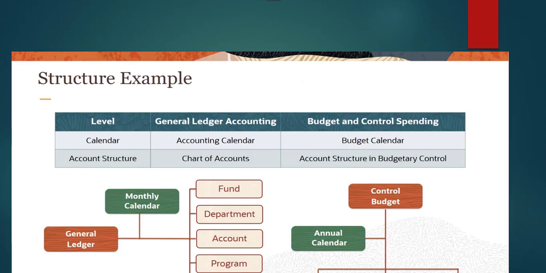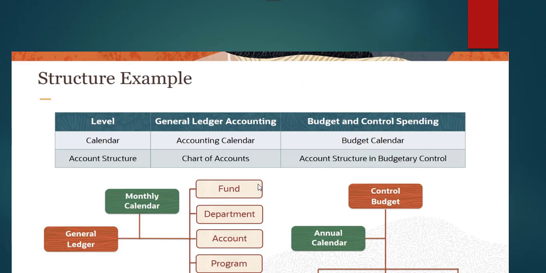For example, the ledger in your general ledger may be based on a monthly calendar and a chart of accounts that has 5 segments like here: department, fund, account, program, district. But your control budget in budgetary control might be based on an annual calendar and an accounting structure with only 3 segments.